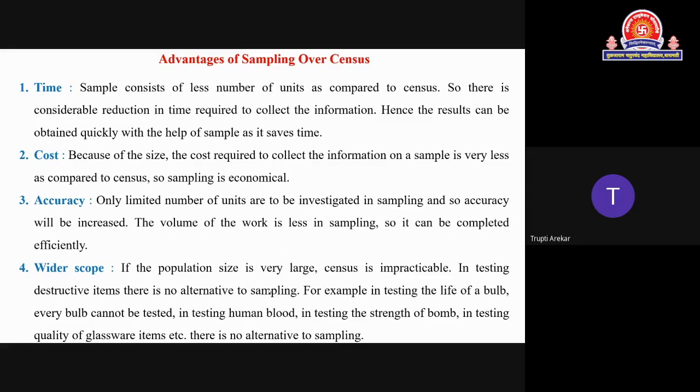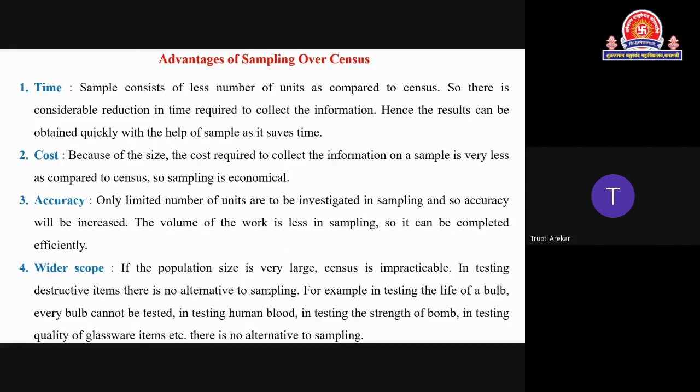The volume of the work is less in sampling, so it can be completed efficiently. As compared to census, only a limited number of elements are to be processed. Therefore, sophisticated machinery and well-trained staff can be used and accuracy can be increased.